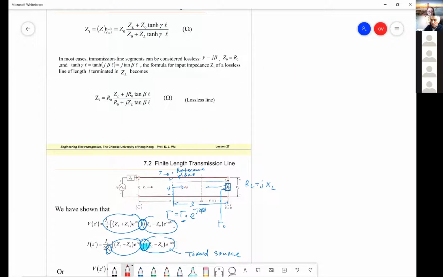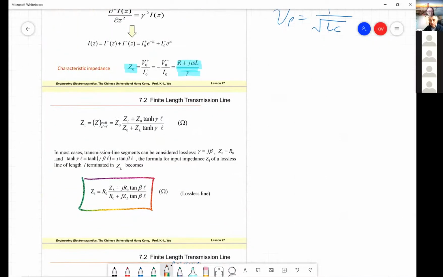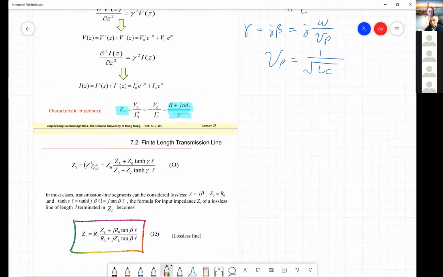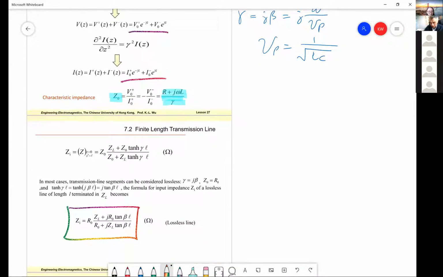You only need to remember one formula. I don't like to get you confused by other explanations. Just use this. And how is this obtained? You find the voltage solution, you find the current solution, take a ratio. You can find this.